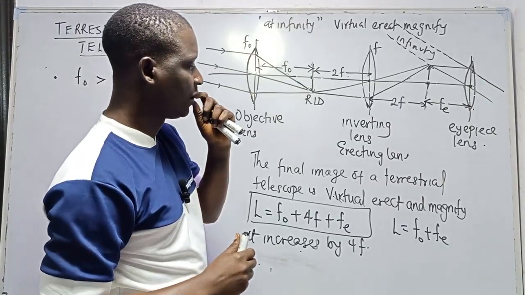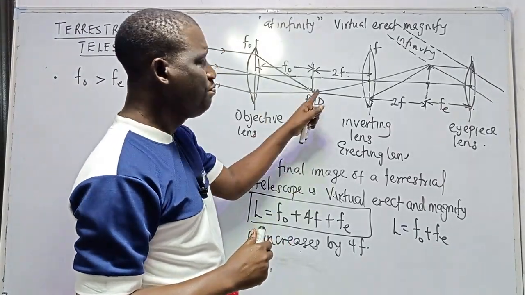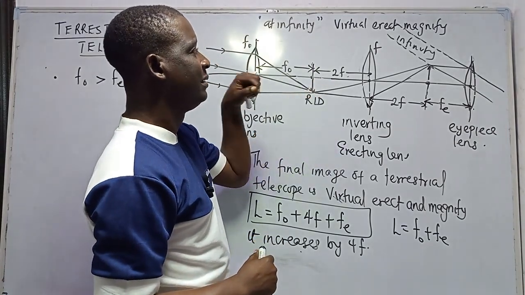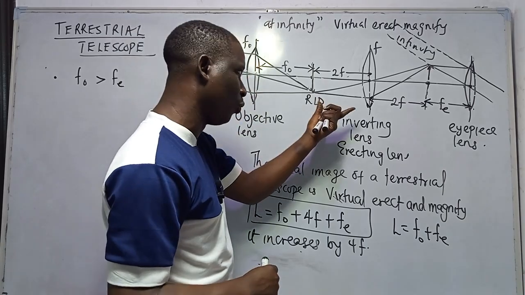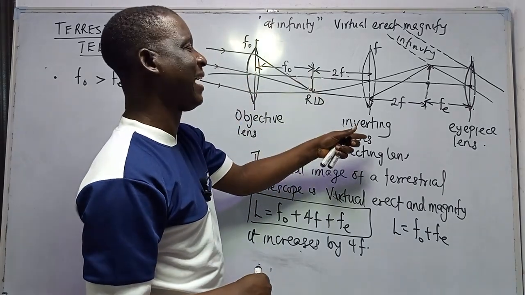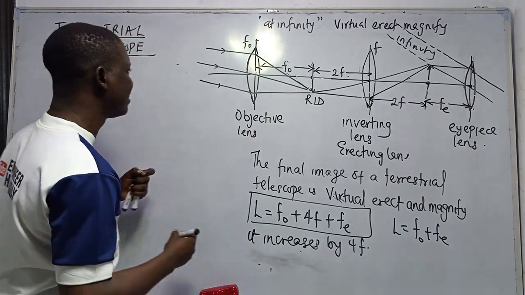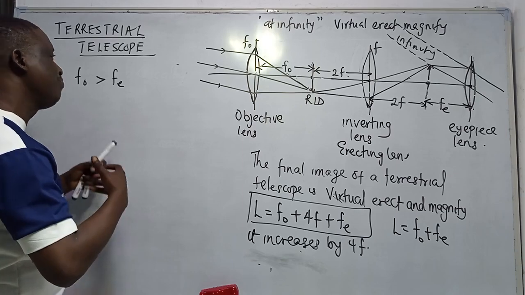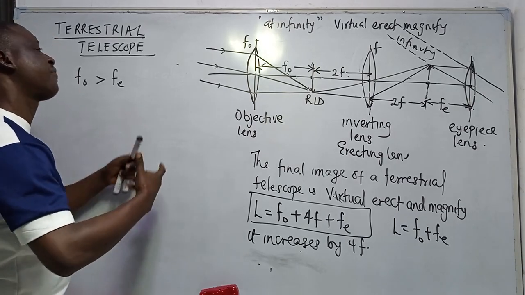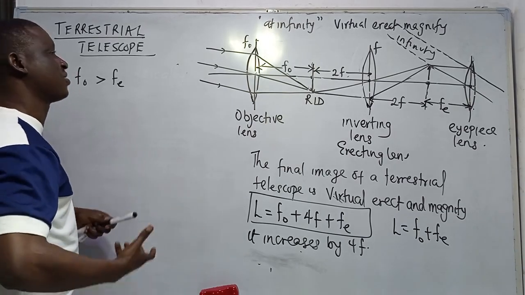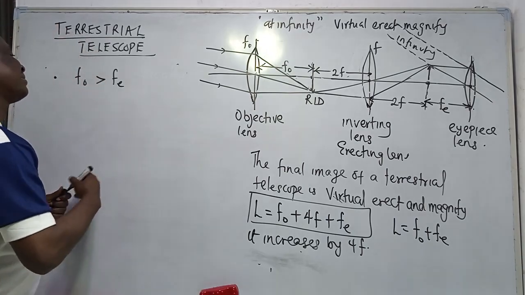Number two, what makes the final image formed by the terrestrial telescope to be virtual, erect, and magnified?